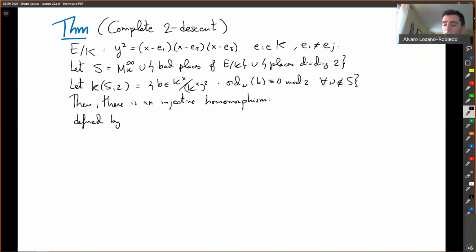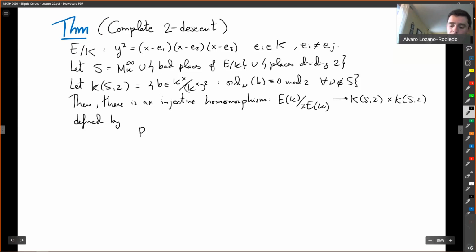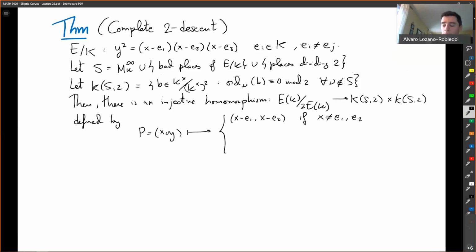An injective homomorphism from E(K) modulo 2 to K_S^2 cross K_S^2, such that P = (x, y) goes to (x minus E1, x minus E2) if x is not E1 or E2, so P is not one of the two torsion points.